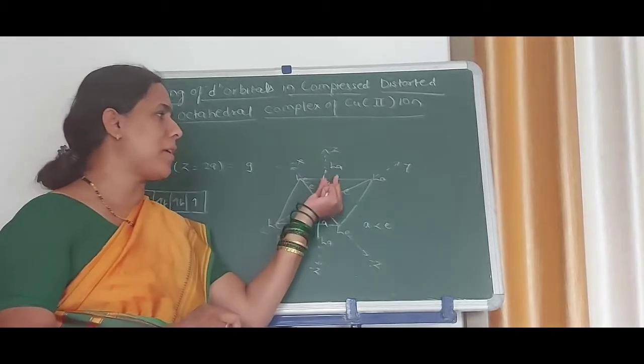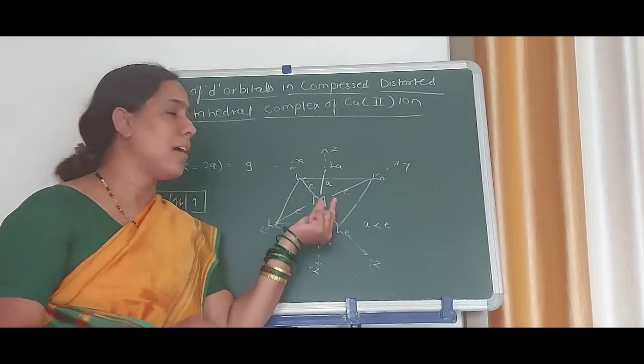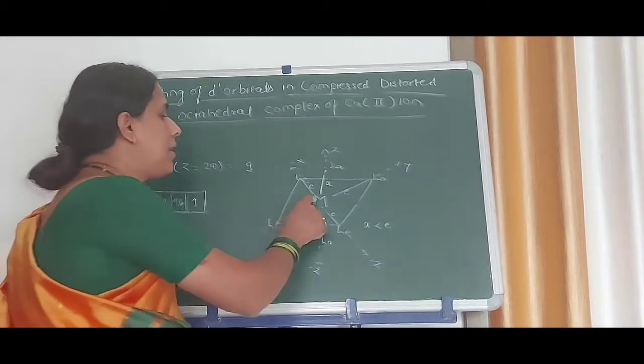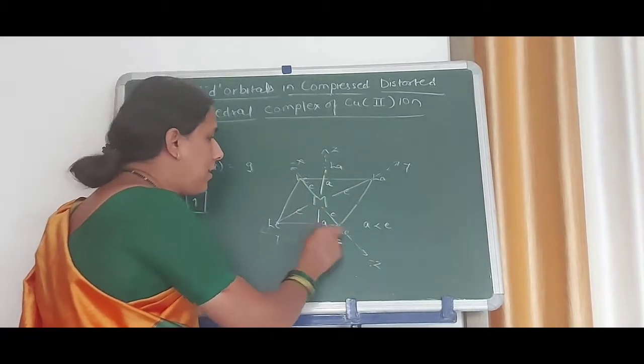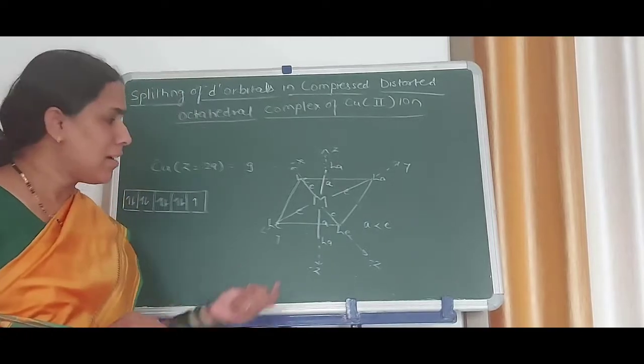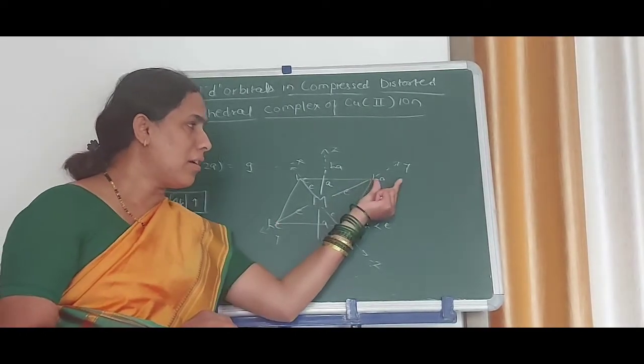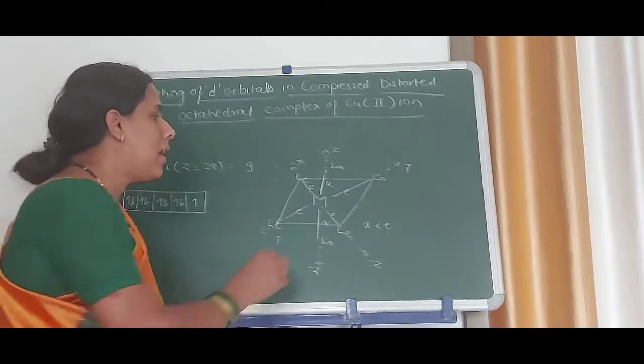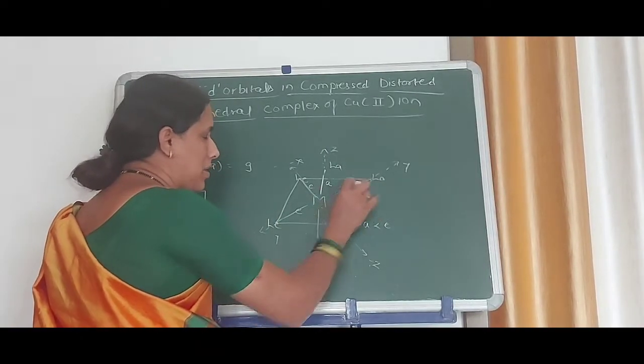The ligands situated along the z axis have the shorter distance from the central metal ion, while all 4 ligands present in the x and y plane have the larger distance.